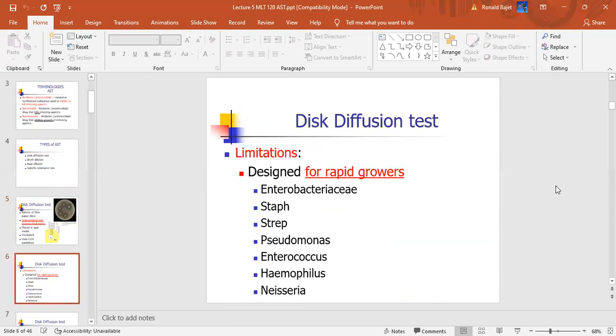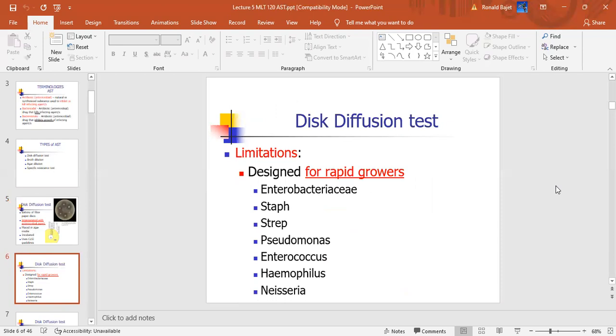Okay, so this diffusion test is designed for rapid growers. Usually a 24-hour overnight incubation is what we're looking for. And when I say disc diffusion, that's the Kirby-Bauer method. It's commonly done for Enterobacteriaceae, and I'm going to start lectures on the Enterobacteriaceae tomorrow.